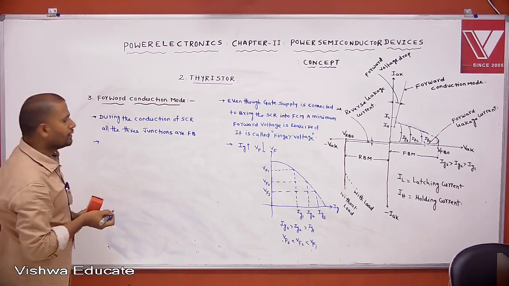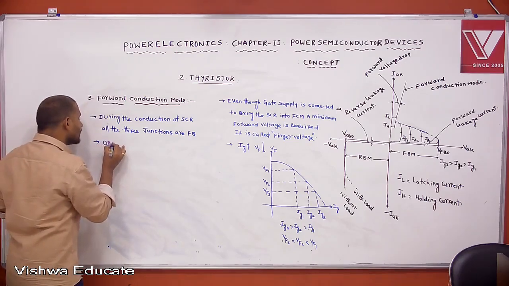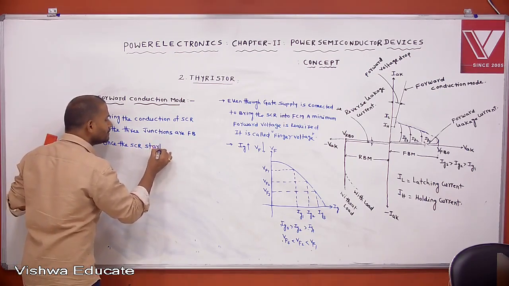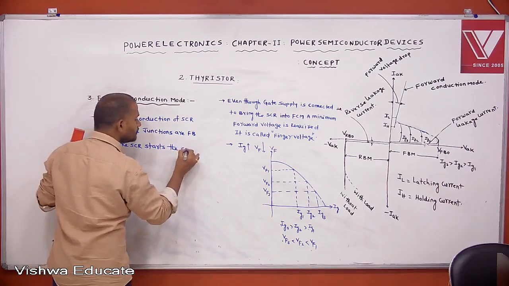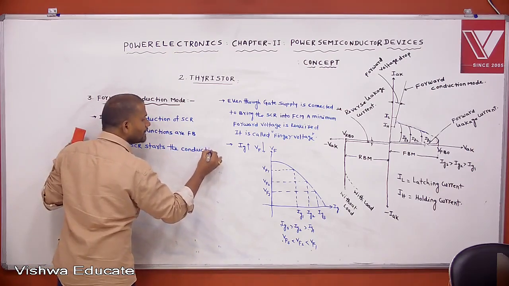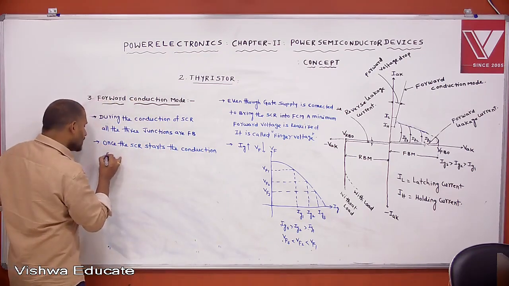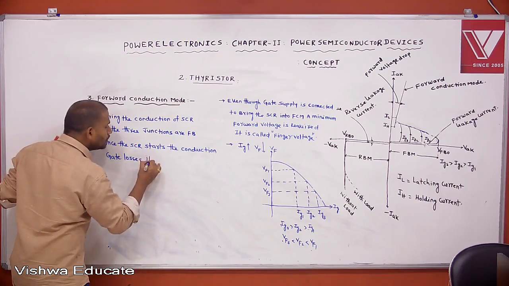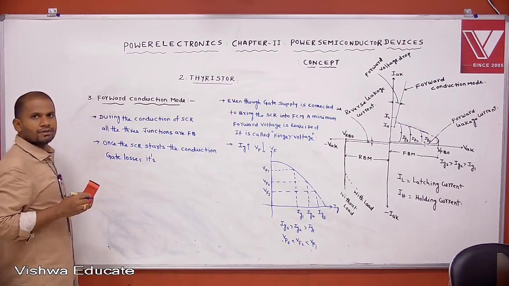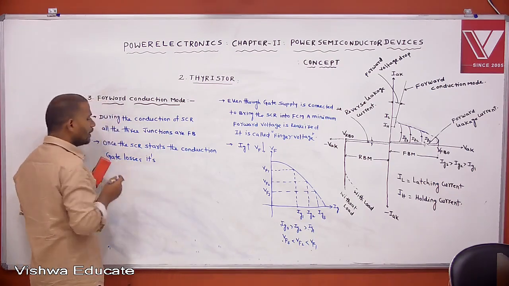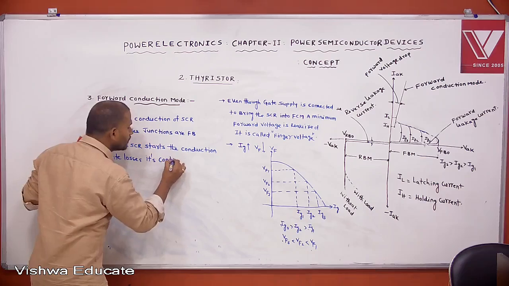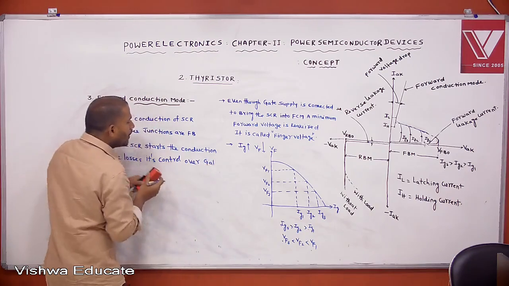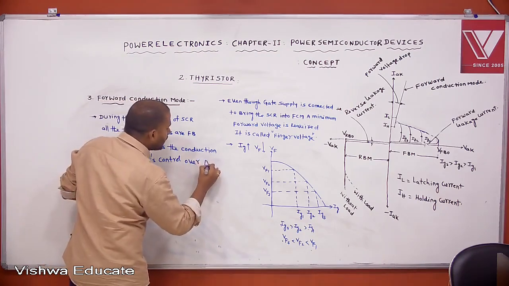Another point. Once the SCR starts the conduction, the gate loses its control over the anode current.